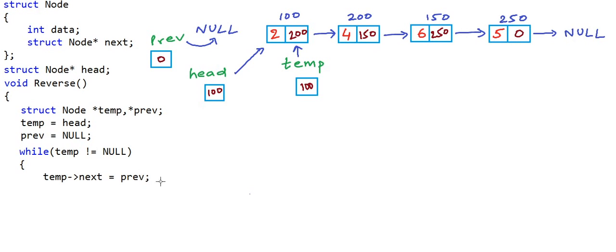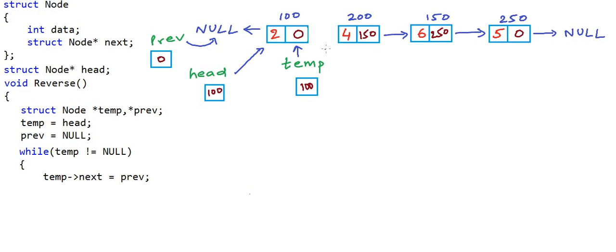So we will set the link part of the current node as the address of the previous node. In our example here, at the first step, we will say that temp.next will be 0. Null is nothing but address 0. So we will cut this link and we will build this link. Now we should be able to move temp to 200 now, and we should be able to move previous to 100 now in the next step.